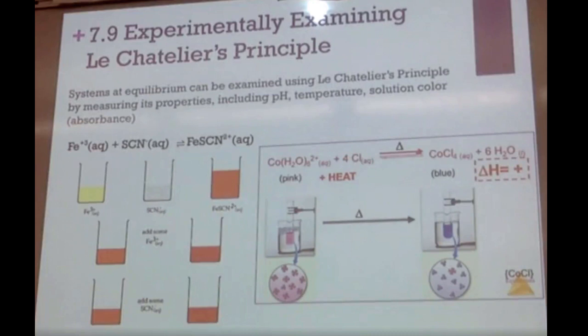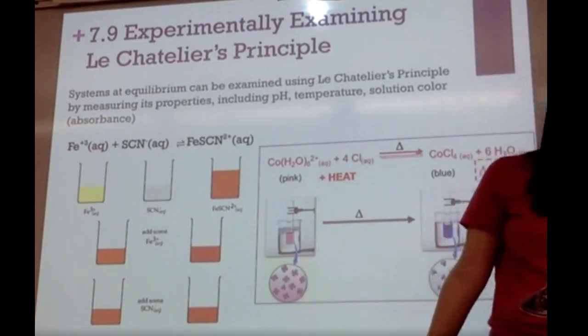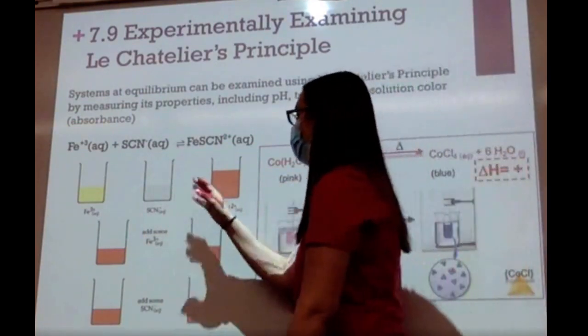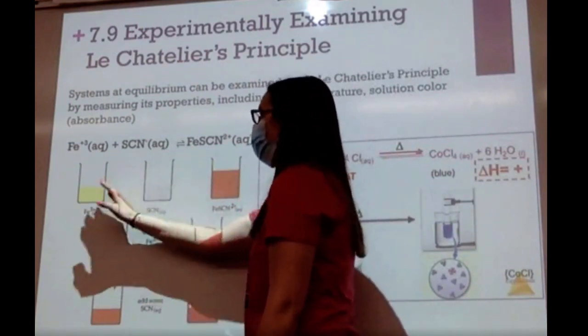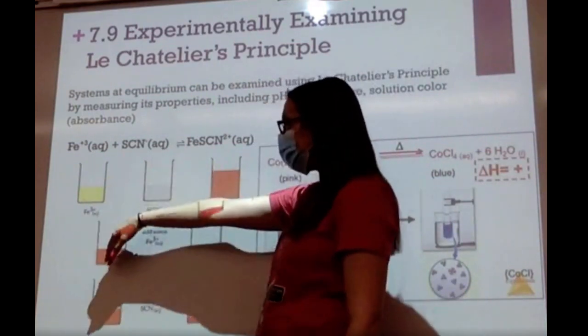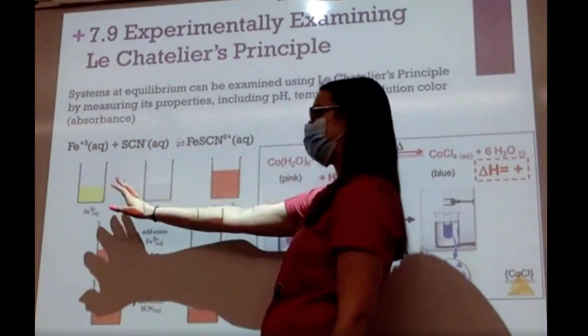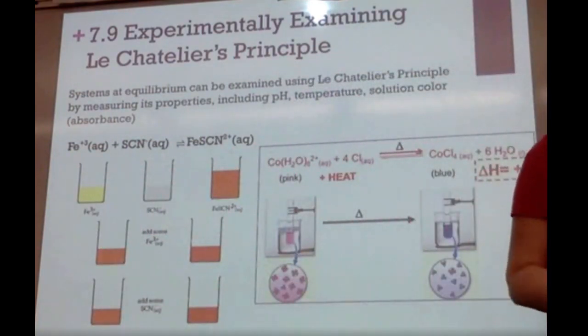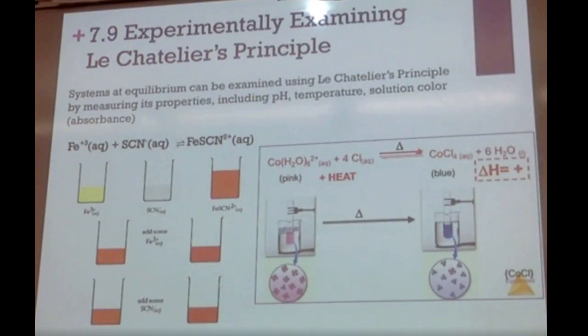It's just having you apply it: if the reactants are pink, what do I have to do to the system to push the reaction to create more reactants? Or maybe it's yellow and orange. If it's yellow, we're pushing to the reactants. If it's orange, we're making more products. So just be able to apply colors as well if they give us a system that has colors.